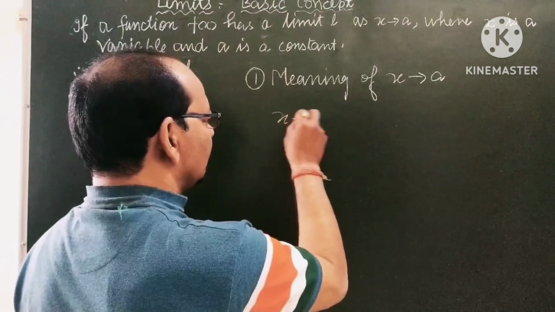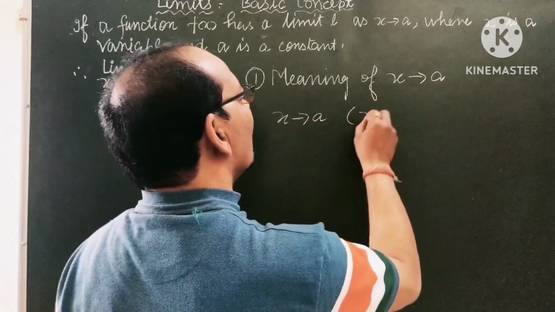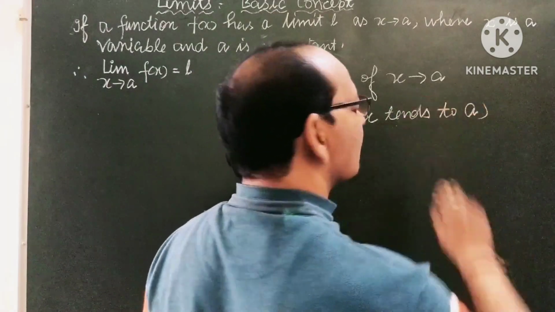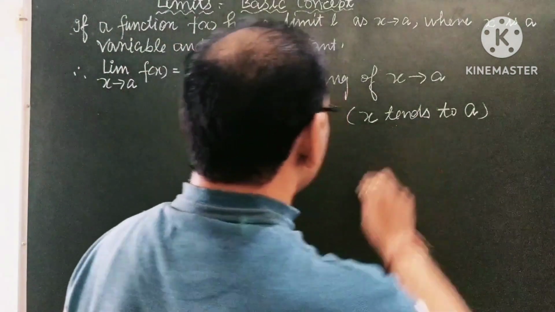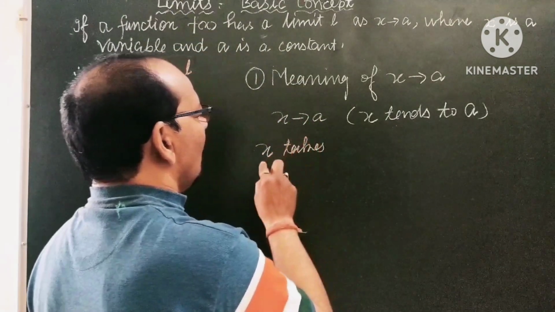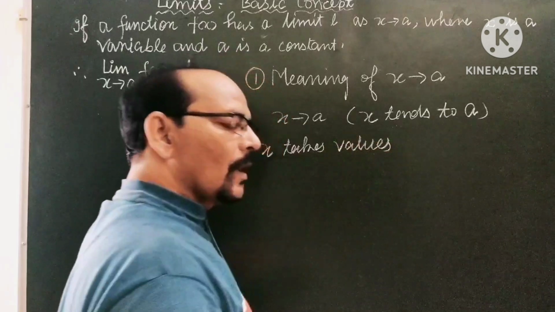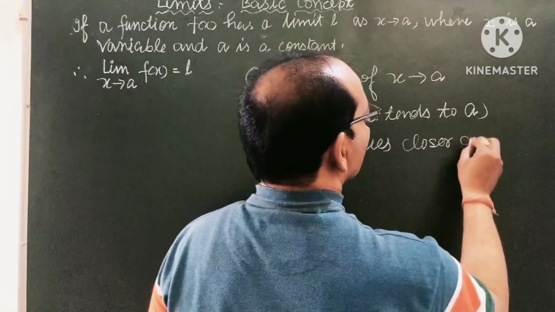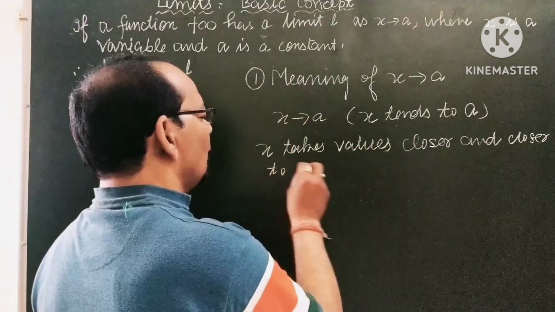X tends to a, read as x tends to a. This means x takes values closer and closer to a.